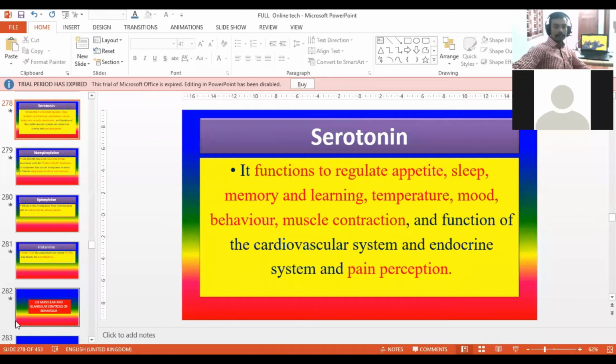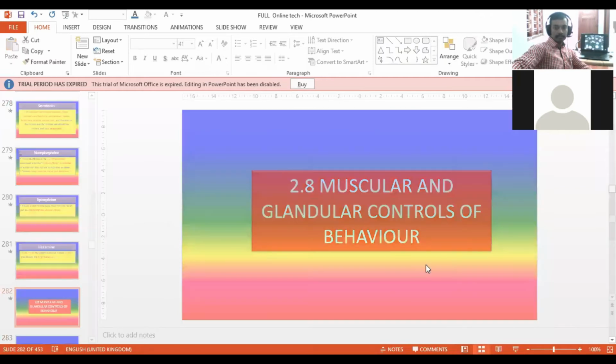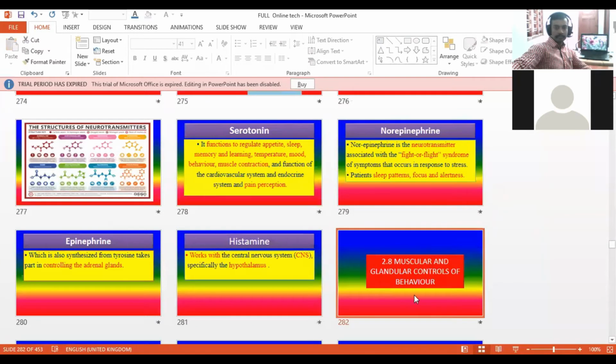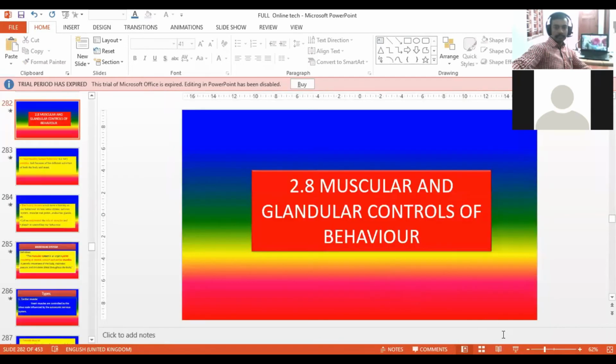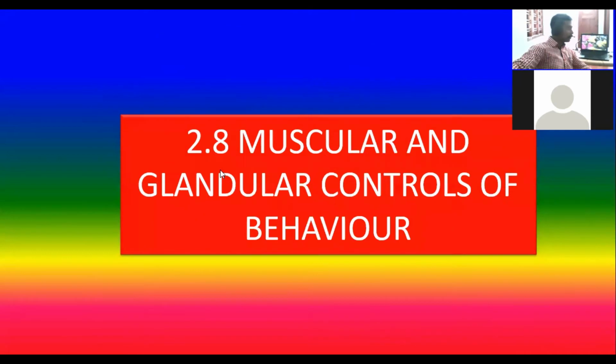The next section is muscular and glandular control of behavior. What is meant by muscle? What is meant by glands?